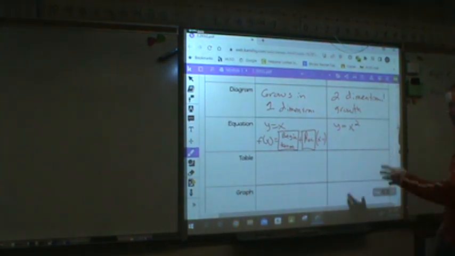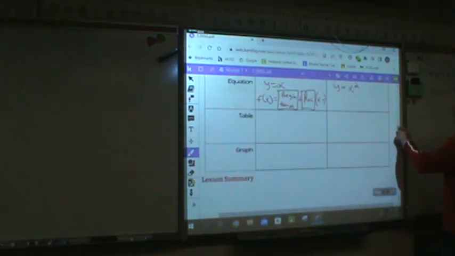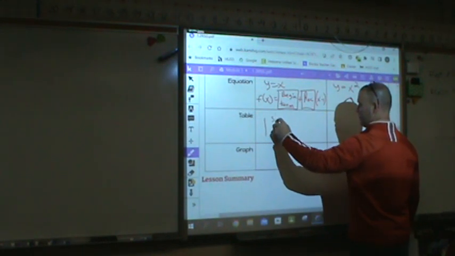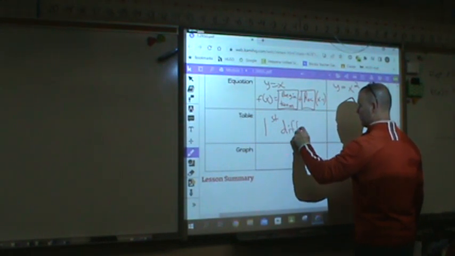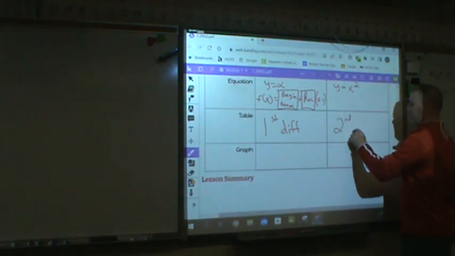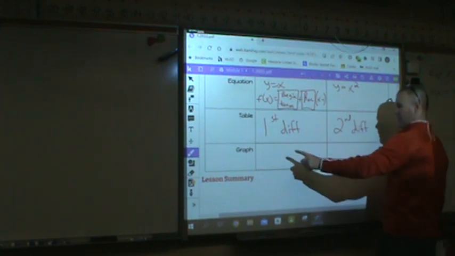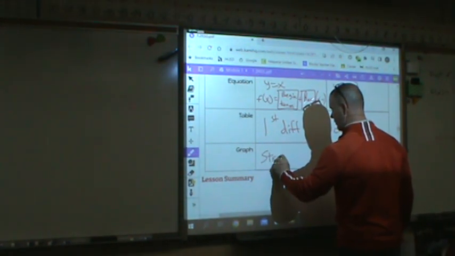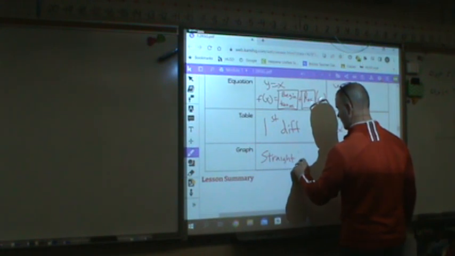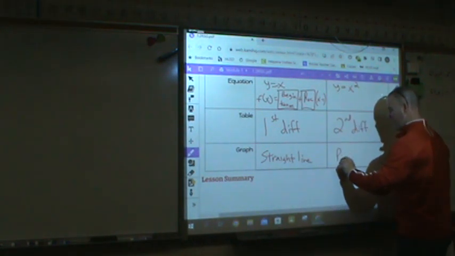That's how we saw another linear equation. The table only has a first difference. Here we have a second difference. The graph is a straight line. Here it's a parabola.